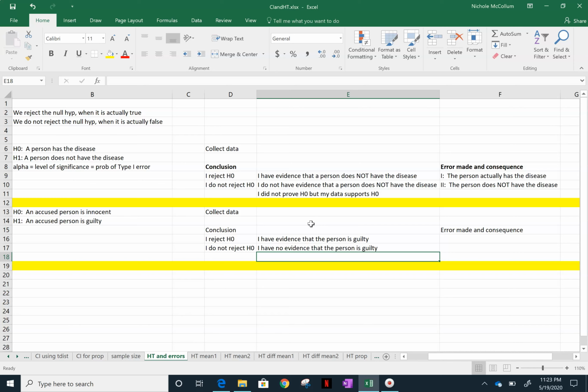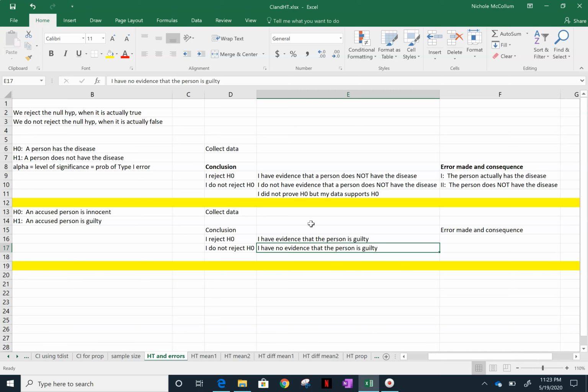That's very important. A key ingredient to me is I do not know if you're truly innocent, but there is not enough evidence that has been submitted to me that the person is guilty. I have evidence the person is guilty, or you show me no evidence that the person is guilty. Guilty, not guilty. That's how we do this.